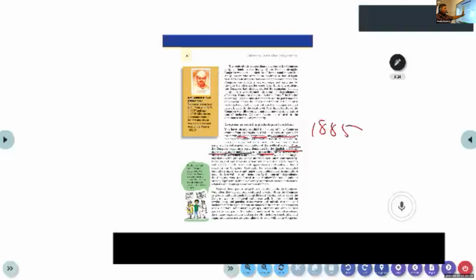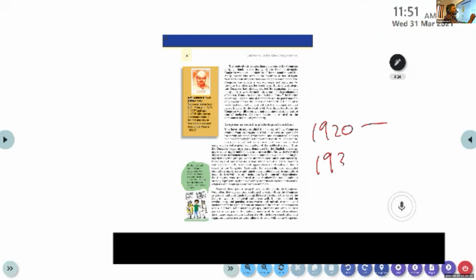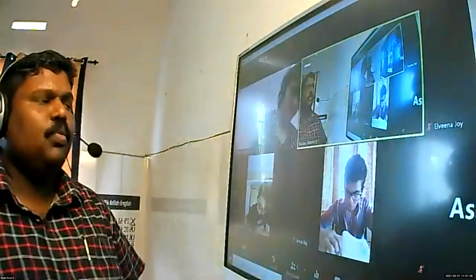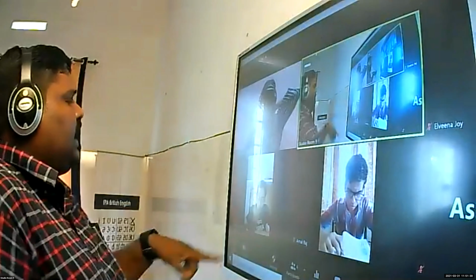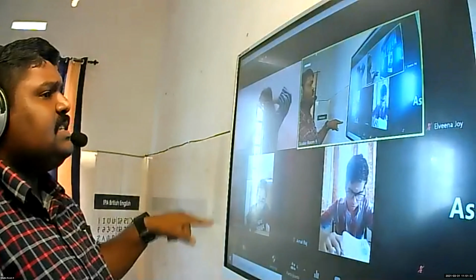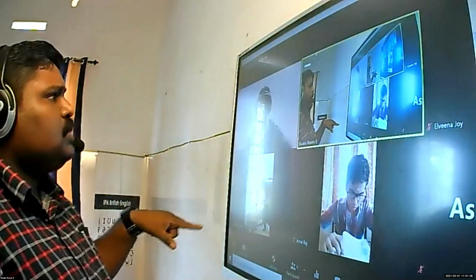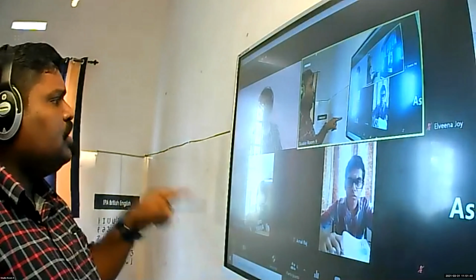But with every civil disobedience movement launched, we already know that in the 1920s, the non-cooperation movement along with the Khilafat movement, and in the 1930s, what is that? The civil disobedience movement started. Gandhi is the man behind these two movements.